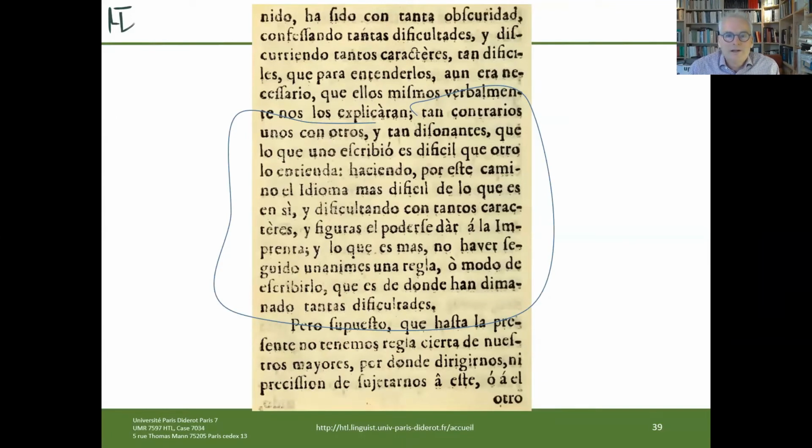Often you find the same opinion about Basque, that it was such a difficult language for the learners, and in this case it's not for the same reason as Basque, because Basque is relatively very simple phonology, but the repertory of the sounds and the vowels in Otomi are very complex. So this was considered as actually so difficult that you need tantos caracteres y figuras, as you can see it.